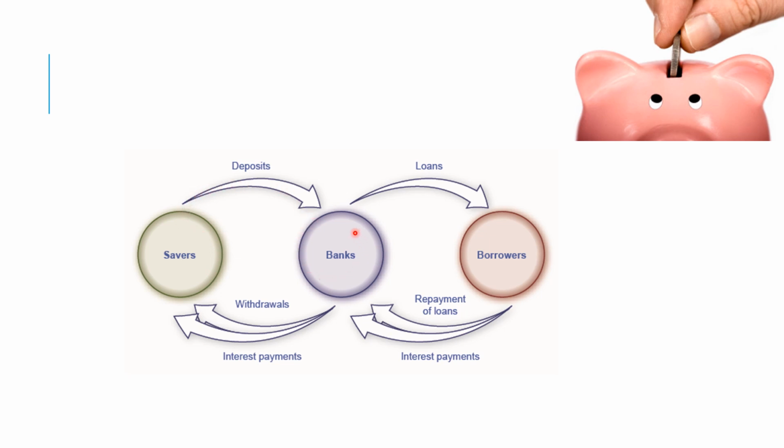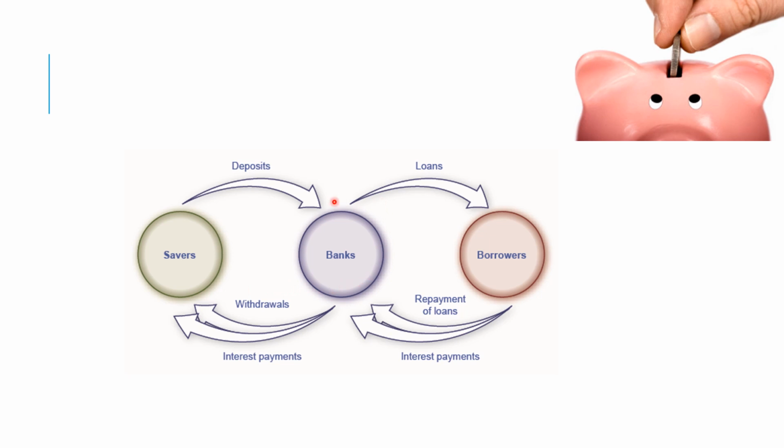A bank in turn will then take that money and lend it out in the form of loans to borrowers. A bank will charge a borrower interest on top of repaying the loan to make a profit. And to reward the savers for giving the bank their money, the bank will then credit the savers with an interest payment that increases their savings.